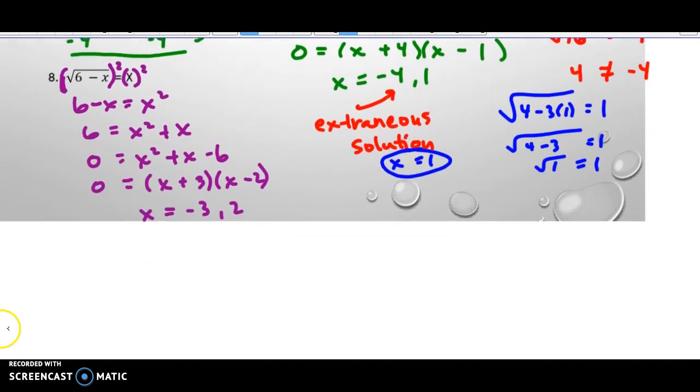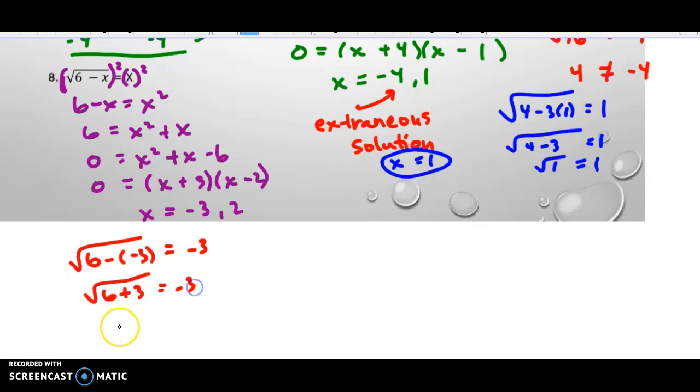But let's check to see if we have any extraneous solutions. So if I substitute -3 back in here, radical 6 minus -3 equals -3. So 6 minus -3 is really 6 plus 3, which is 9.